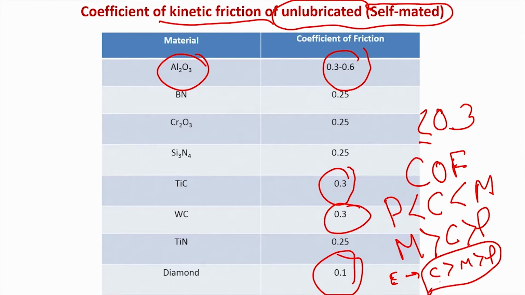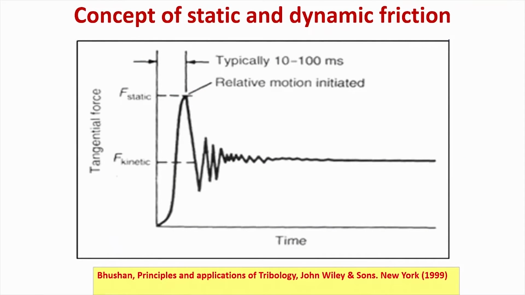So it does not follow the same trend as elastic modulus. Although elastic modulus influences the contact pressure and other things, as we saw in the last lecture, it does not have any direct correlation with the coefficient of friction.